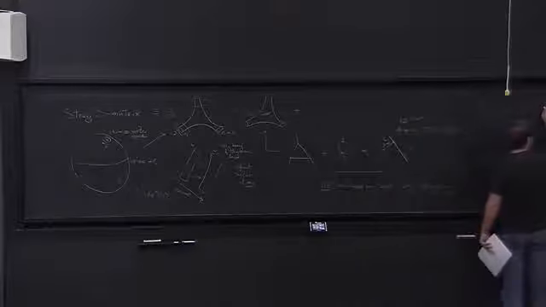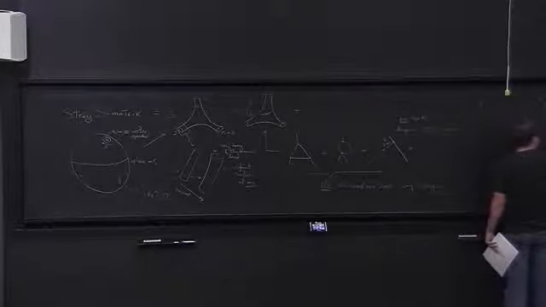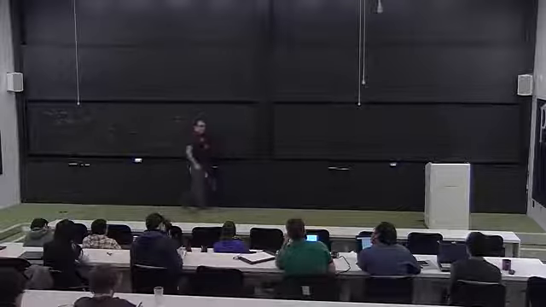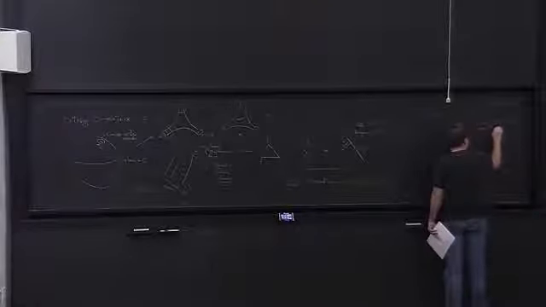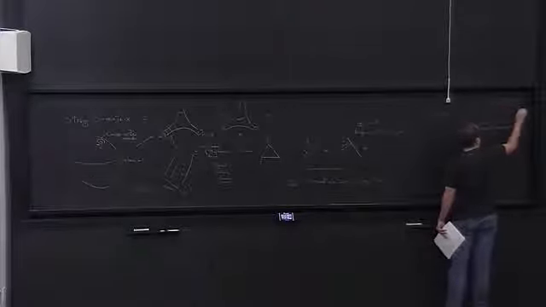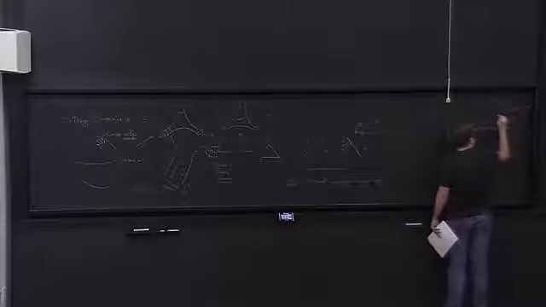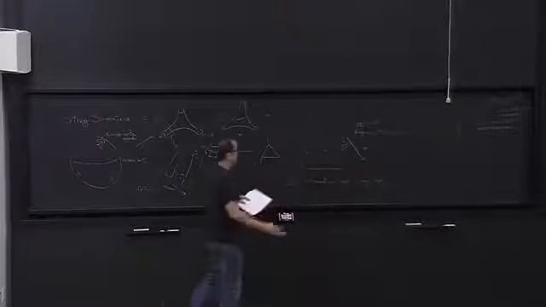And let's remind ourselves that this a runs over 10 dimensions or 26 dimensions, depending on whether it's superstring or bosonic string. So it's a 10-dimensional space-time index, whereas this thing here is 2-dimensional worldsheet coordinates, which we use to parameterize our sphere, or what's called the worldsheet.